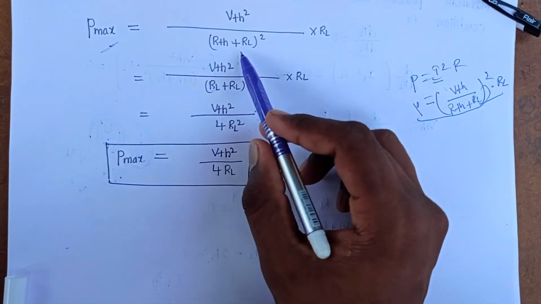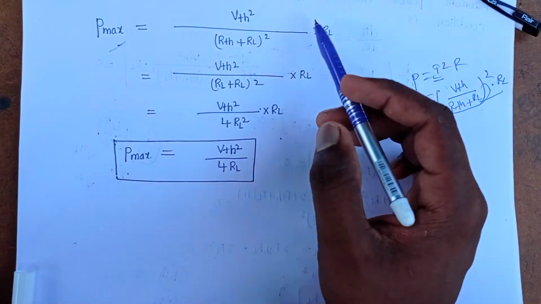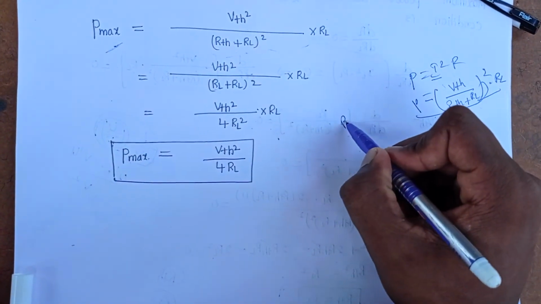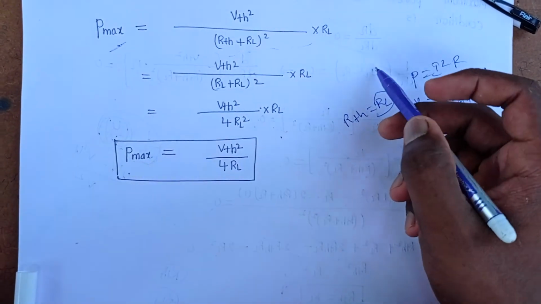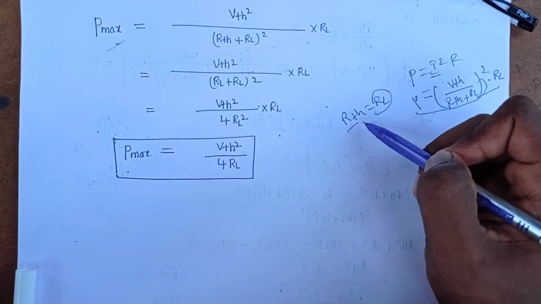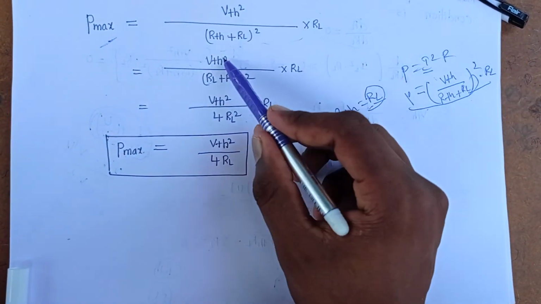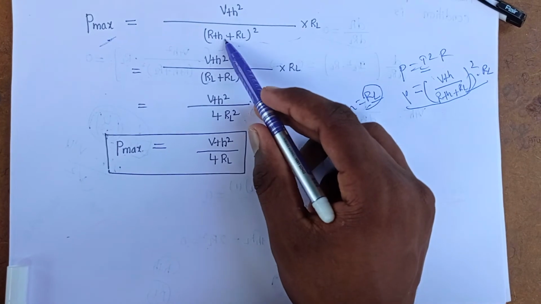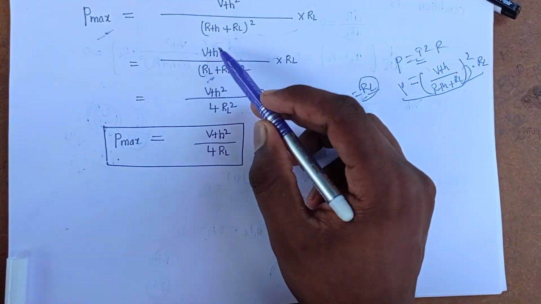The same thing is written here. In the previous step we got RTH equal to RL, so simply substitute RL in the place of RTH, since RTH equals RL.